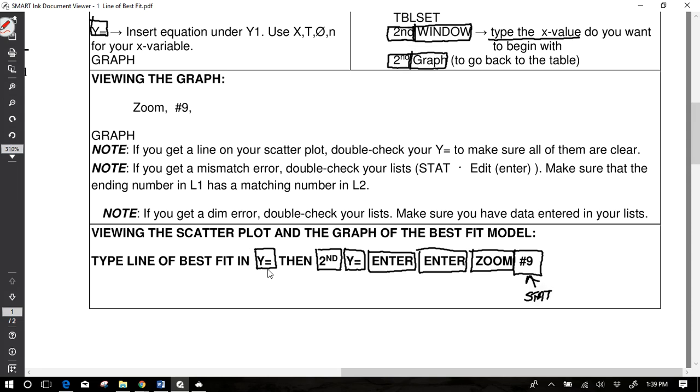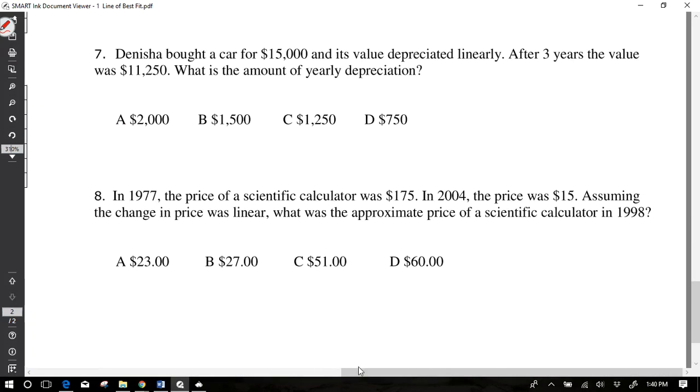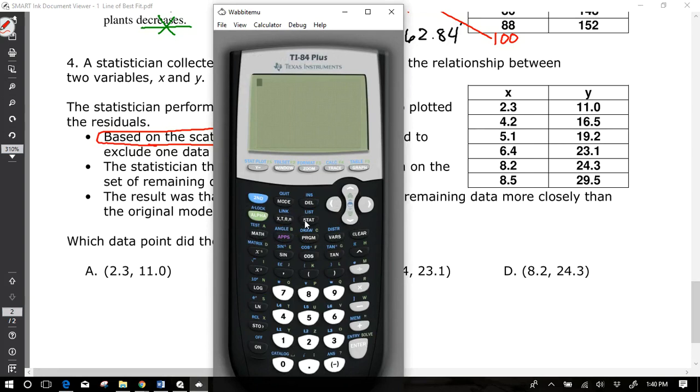So before I can type it into y equals, I need to know what it is. And then I'm going to refer to the second set of steps after I type in my line of best fit. So let's come over here and type all of this data into stat edit. Go ahead and type all that data in there.